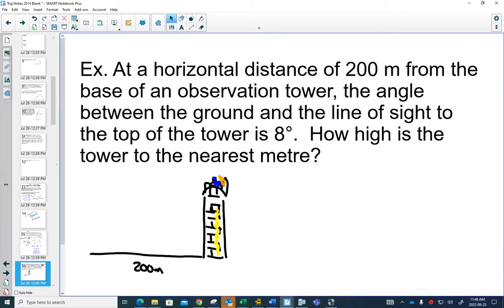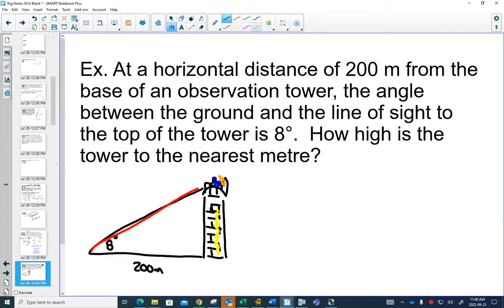So 200 meters away from the tower, the line of sight, the angle between the ground and the top of the tower is 8 degrees. Does it make sense that this would be the 8 degrees there? Line of sight means there's not actually a line drawn to the tower, but your line of sight is if you looked and had laser Superman eyes, send that laser right to the top of the tower.